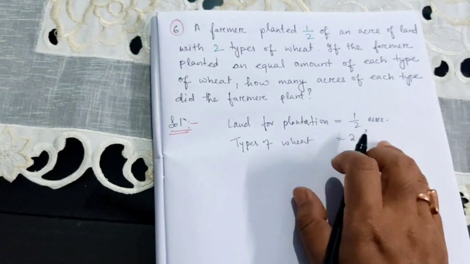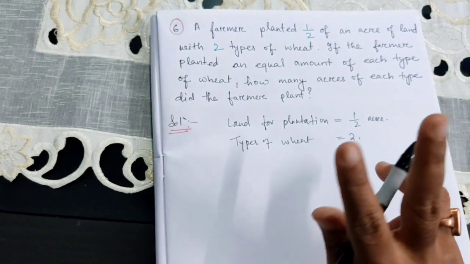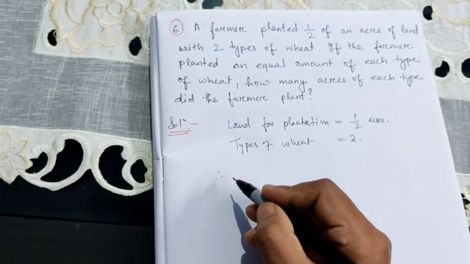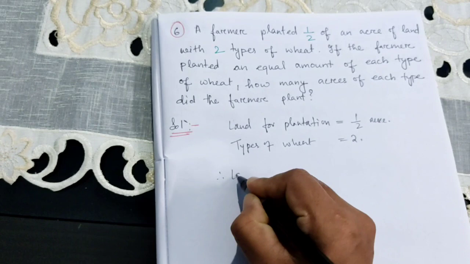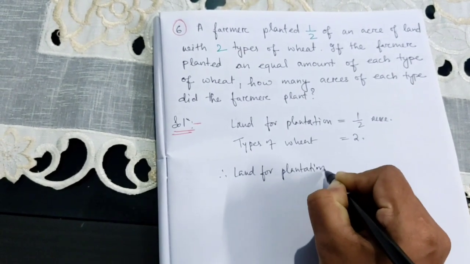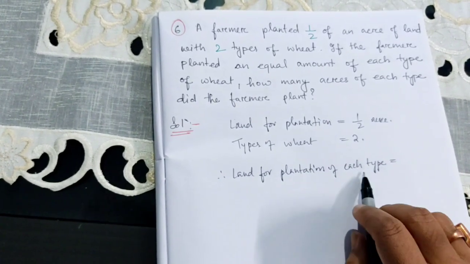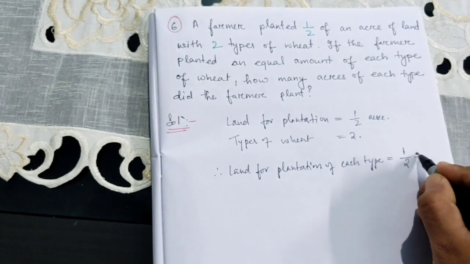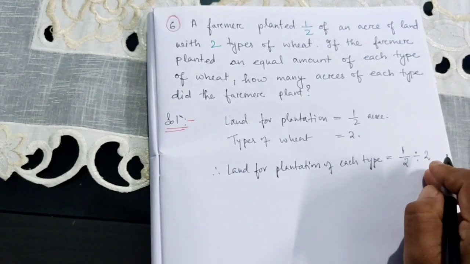That means you will have to divide this half acre of land into 2 parts. Therefore you will have to find how many acres of each type the farmer planted. So you will write land for plantation of each type. You will divide this half acre of land into 2 parts, that means half will be divided by 2.